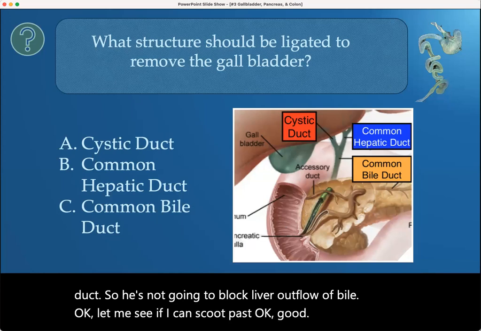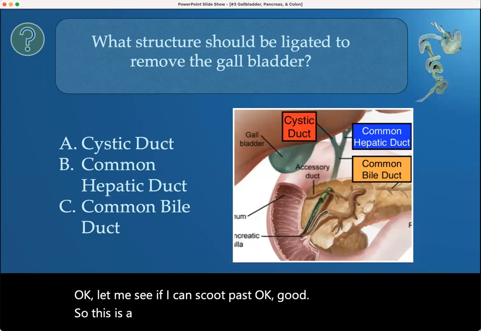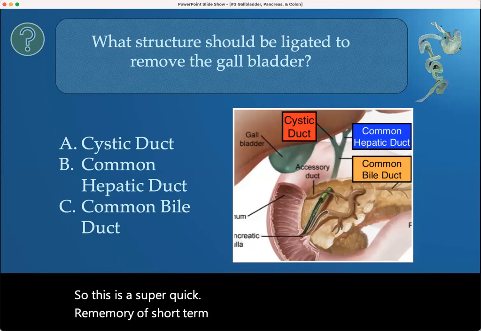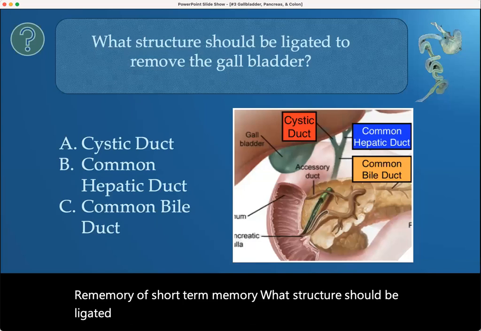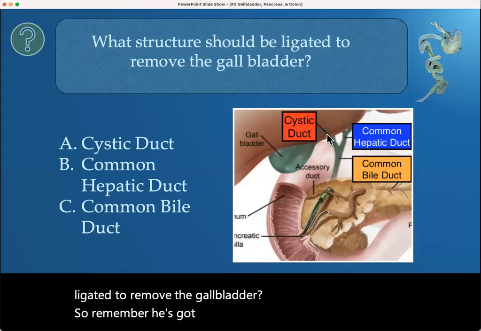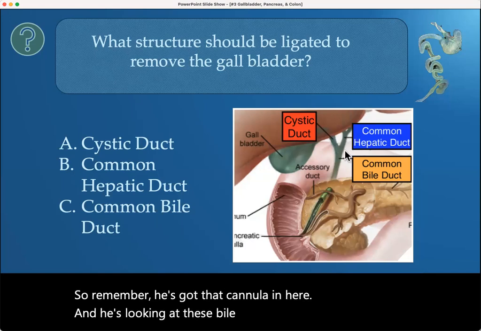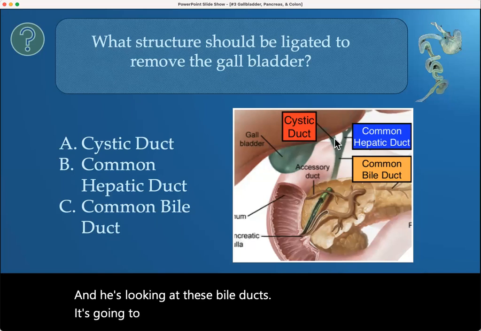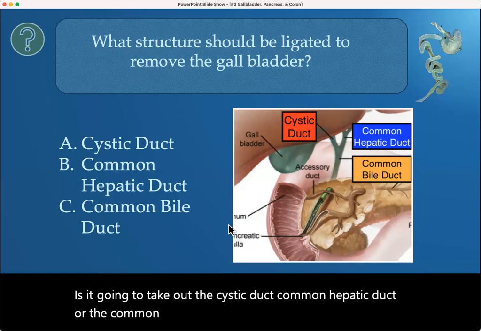So this is a super quick test of short-term memory. What structure should be ligated to remove the gallbladder? So remember, he's got that cannula in here and he's looking at these bile ducts. Is he going to take out the cystic duct, the common hepatic duct, or the common bile duct?